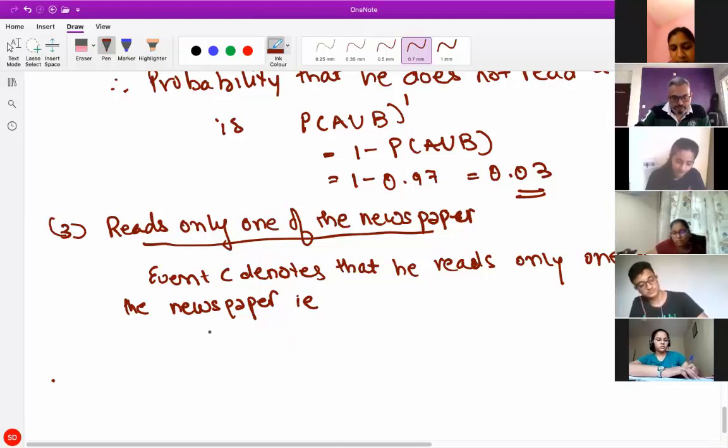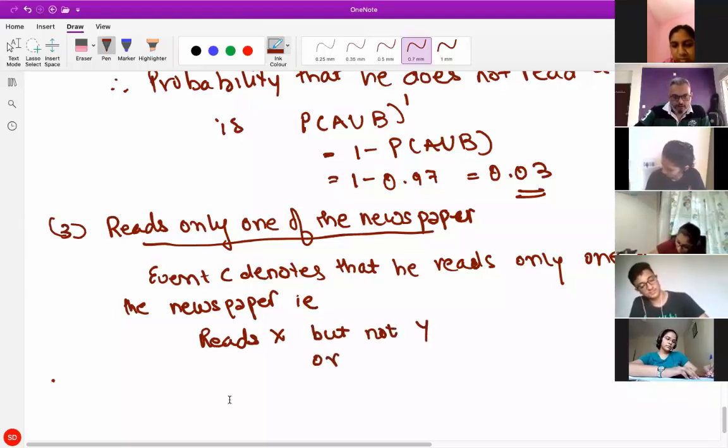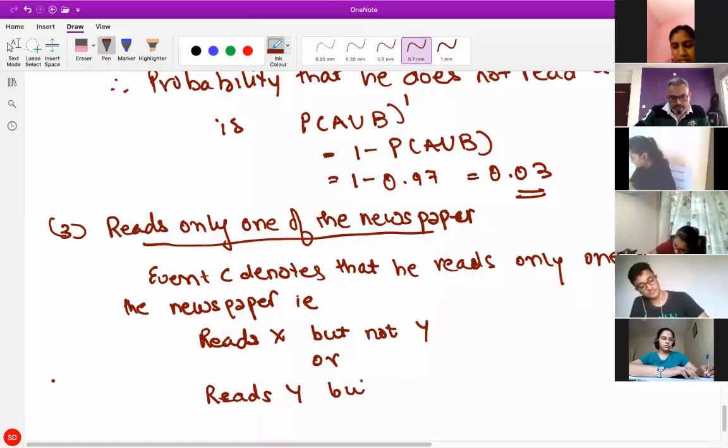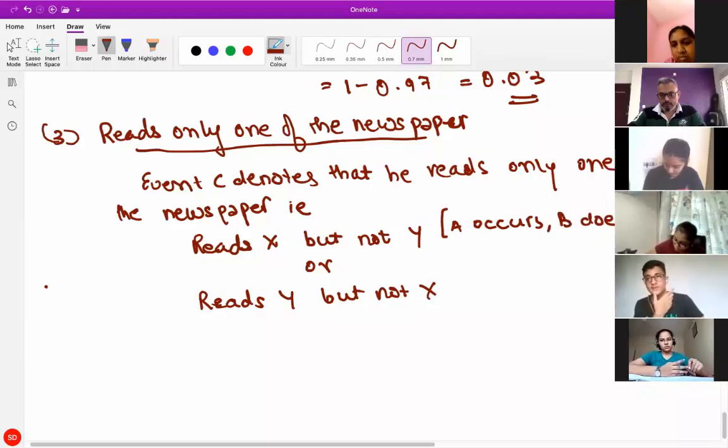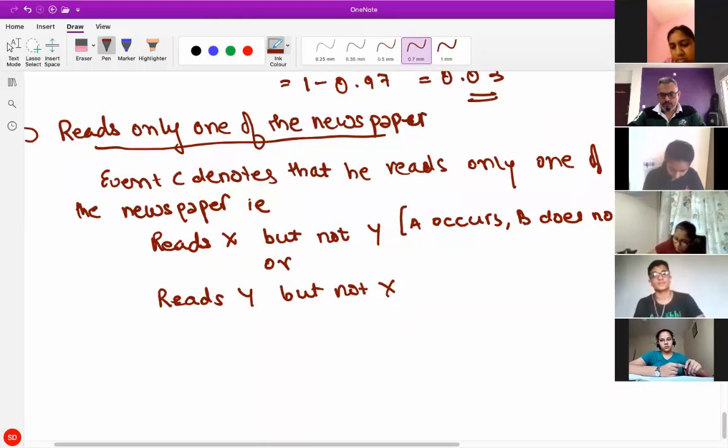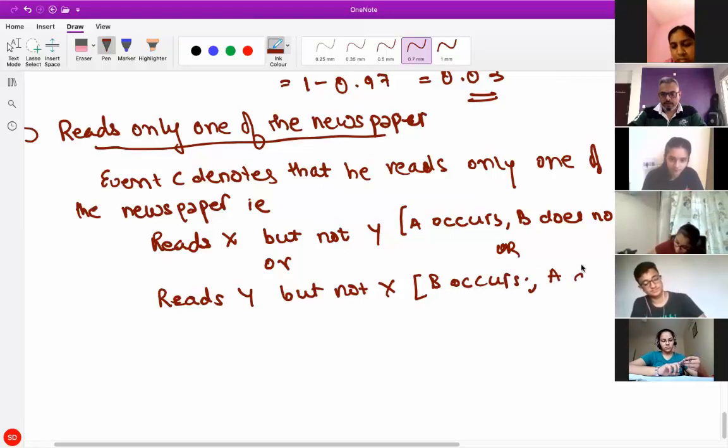That is, reads X but not Y, or reads Y but not X. So what we can say about this is A occurs, B does not occur, or B occurs, A does not occur.